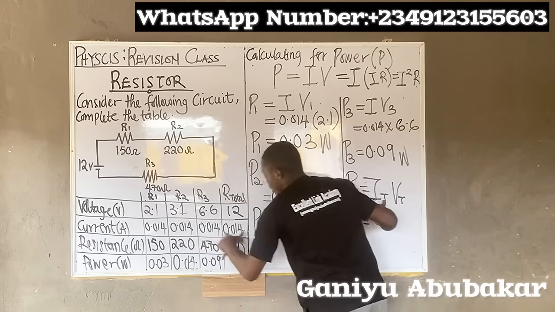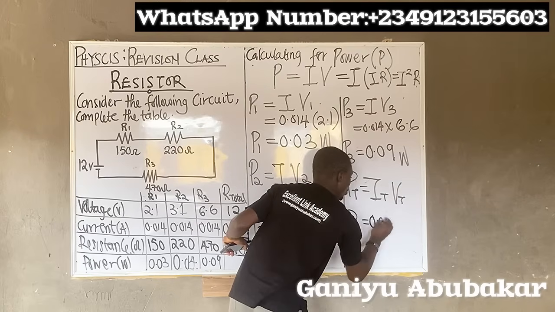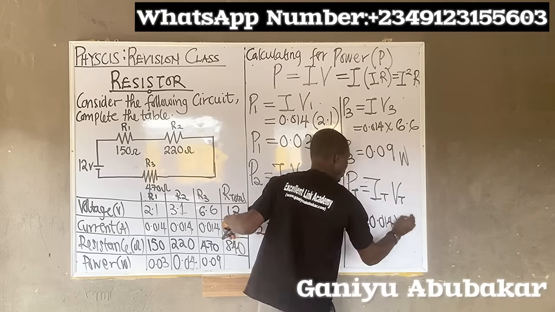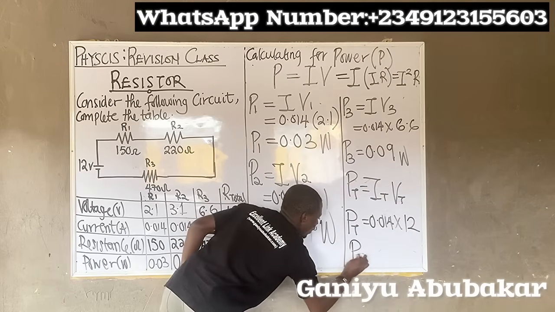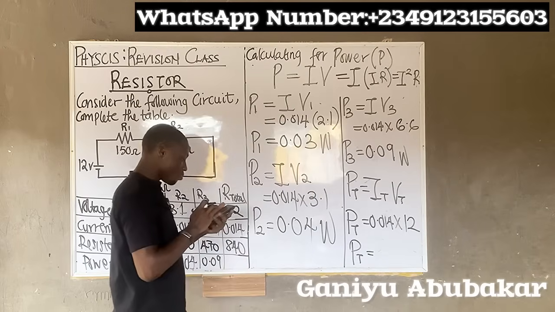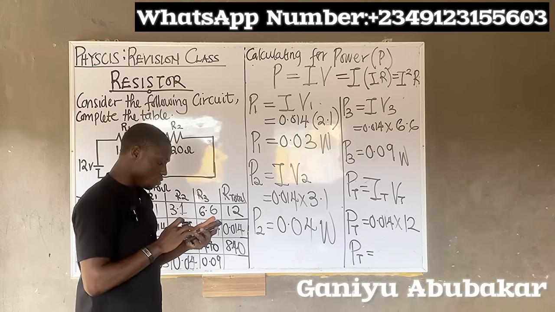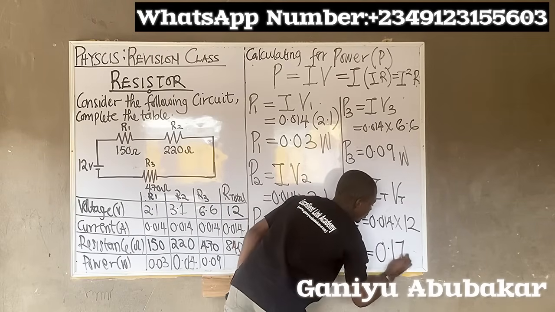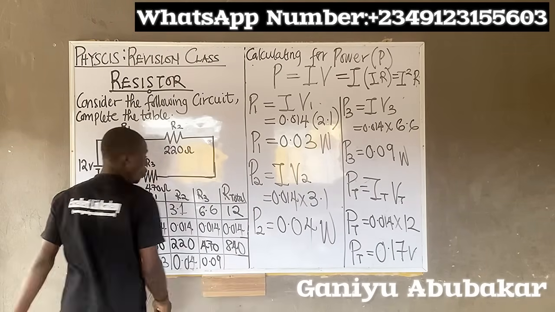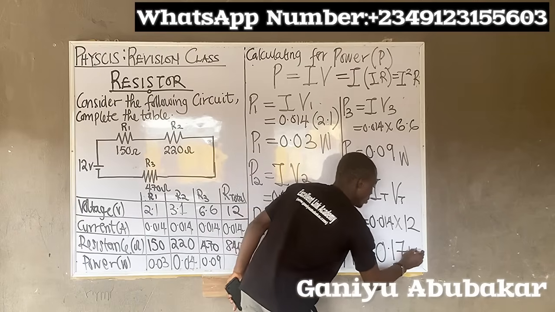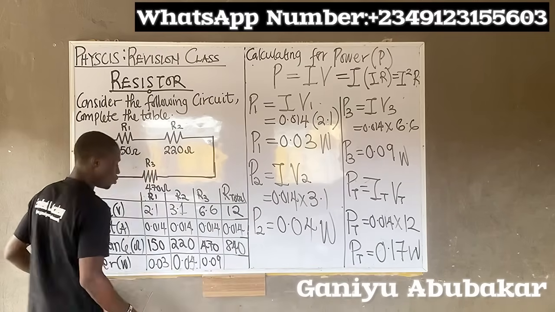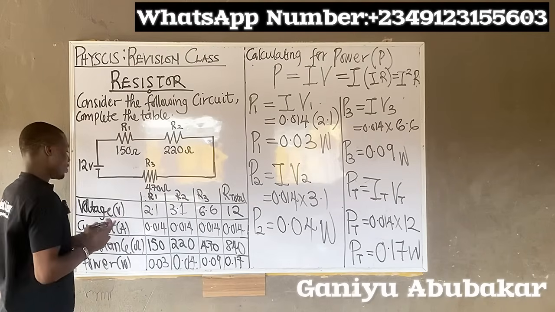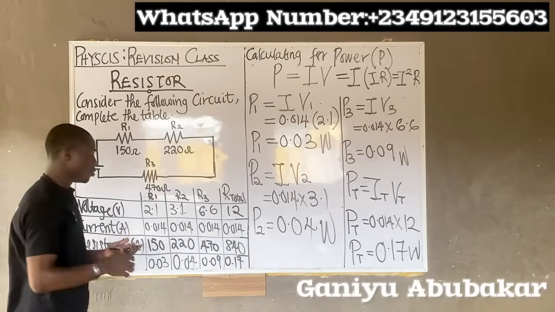My total current is this value, 0.014, times what's V total? V total is 12. So times 12, my P total here is equal to 0.014 times 12. This gives you 0.17 approximately, watts. Power is in watts. So this gives you 0.17 watts.